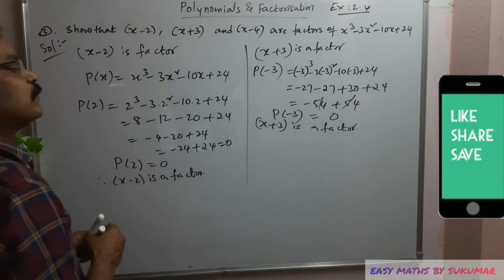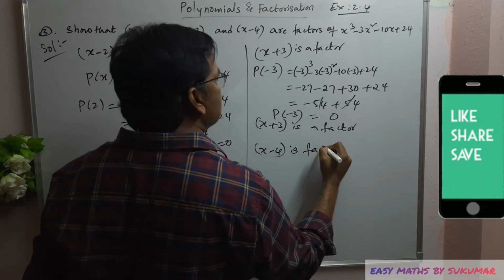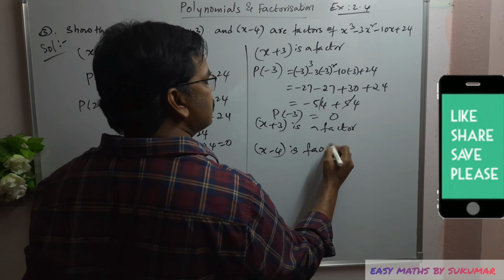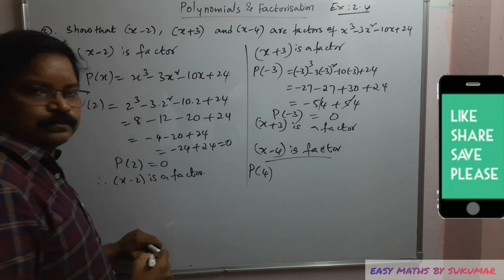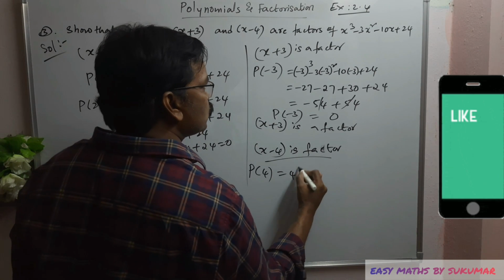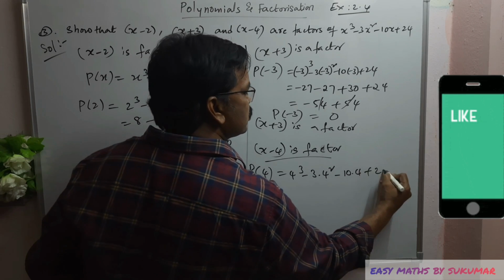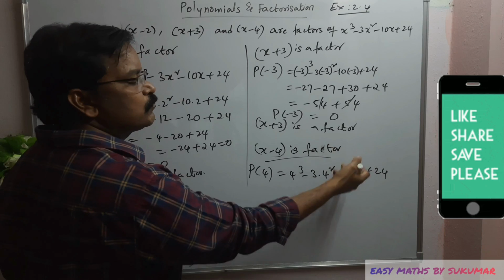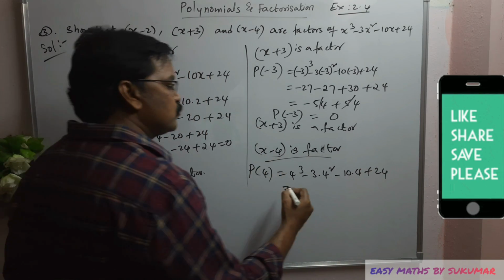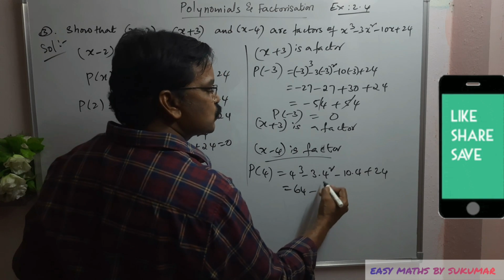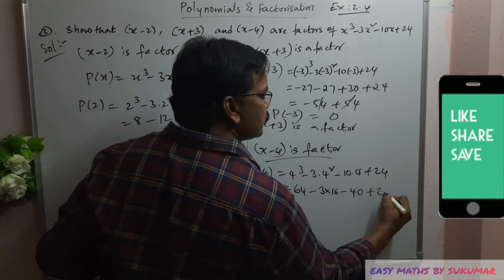Next one is x minus 4 is a factor, my dear students. Factor means P of 4 should be 0. P of 4 means 4 cube minus 3 into 4 square minus 10 into 4 plus 24. 4 cube means 4 fours are 16, 16 fours are 64, minus 3 into 4 square, which is 16, plus 10 fours are 40, plus 24.